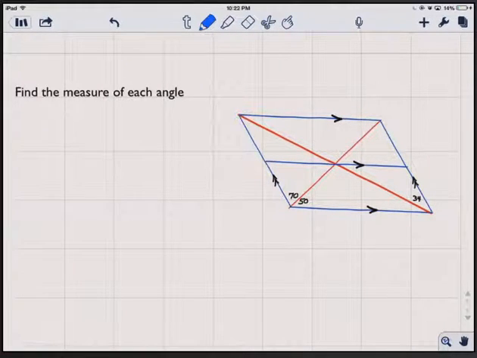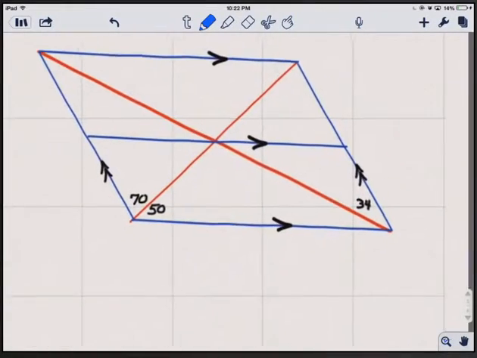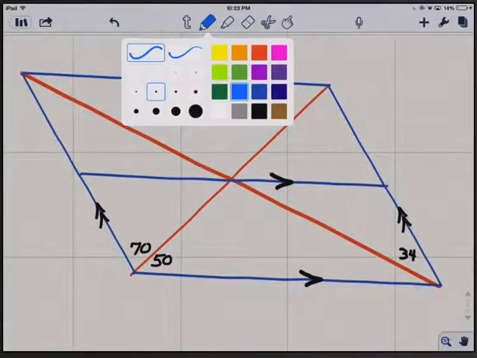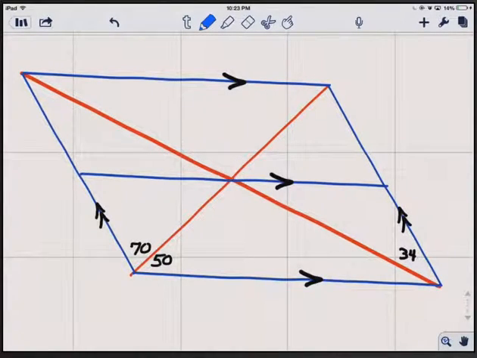Okay, another problem. We have to find the measure of each angle. So I'm just going to zoom in on the diagram and we're going to find the measure of each of these angles. There's a whole lot of different ways in which you can proceed. You can look at parallel lines being intersected by a transversal. You can look at triangles where the interior angles have to equal 180.